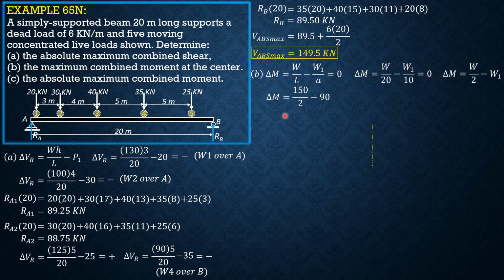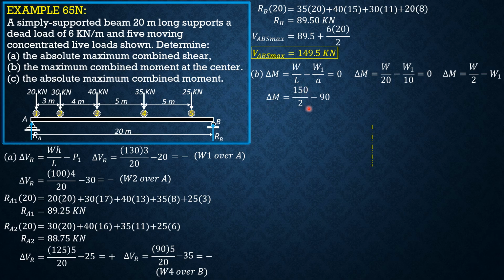So delta M equals 150 over 2 minus 90. That is when load 3 is just to the left of the center line. So W would be 50 plus 40, 90 plus 60. All the loads are on the span, 150.